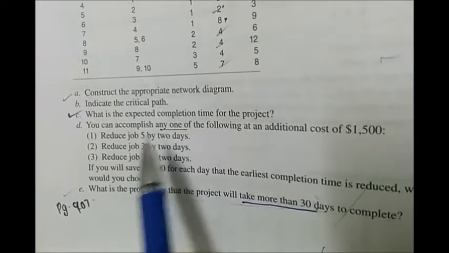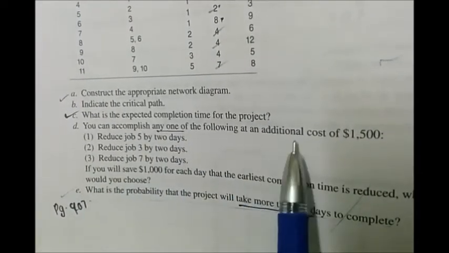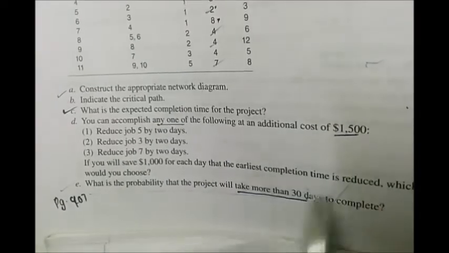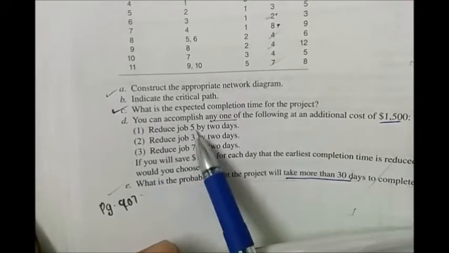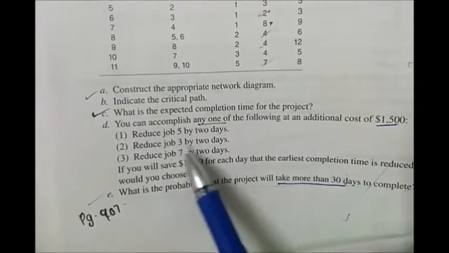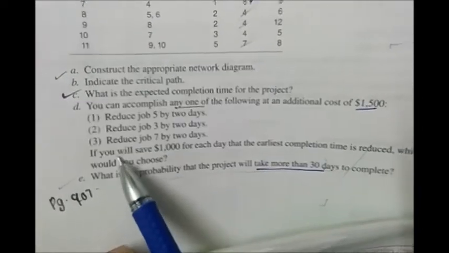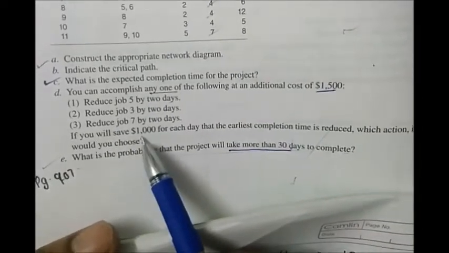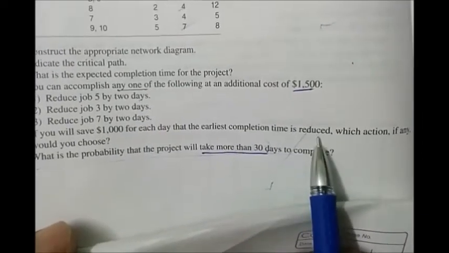Finally, coming to the D part, here it's saying that you can accomplish any one of the following at an additional cost of $1,500. They are saying either reduce job 5 by 2 days, reduce job 3 by 2 days, or reduce job 7 by 2 days. You will save 1000 for each day that the earliest completion time is reduced.